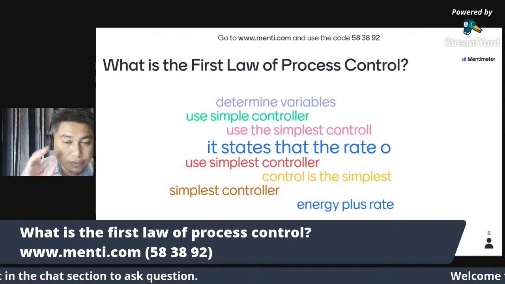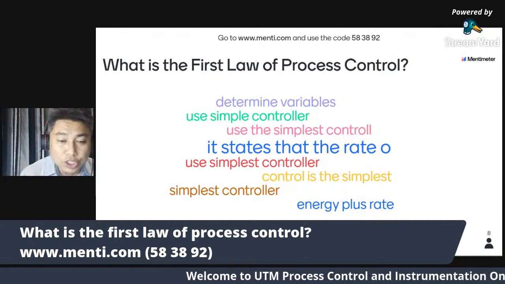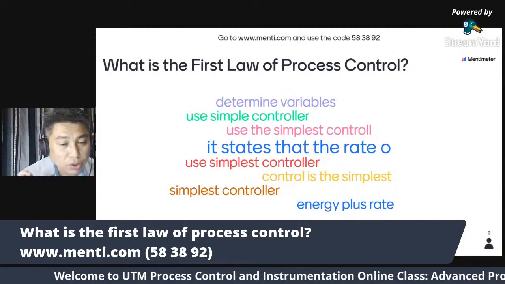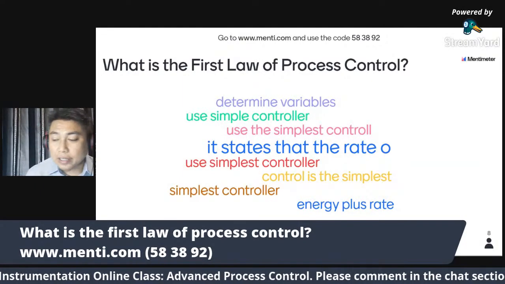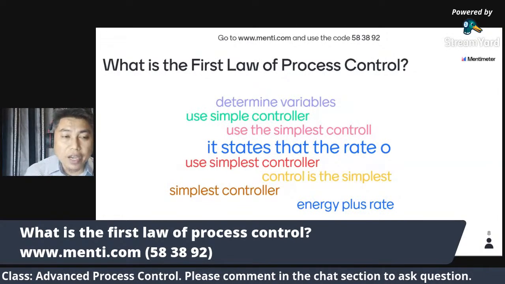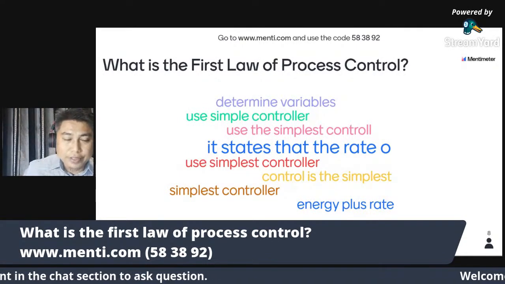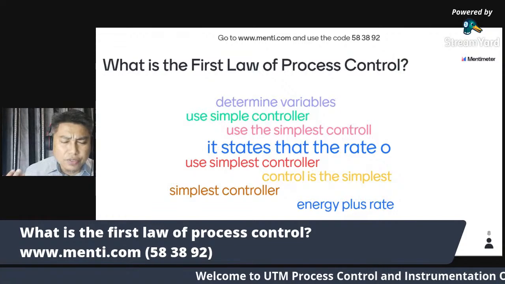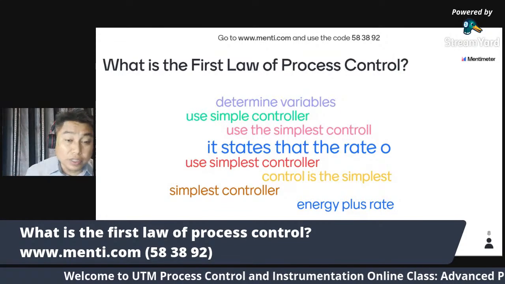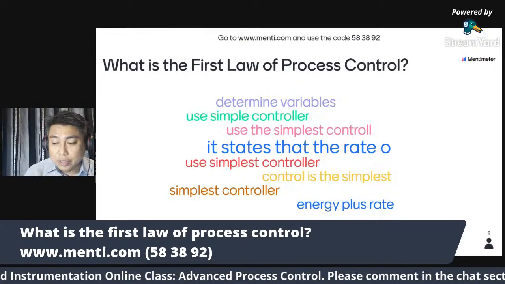So that is basically the first law of process control: use the simplest controller that can do the job, that can satisfy your control objective. If the simplest controller is an on-off controller, then you can use that if it satisfies your control objective.